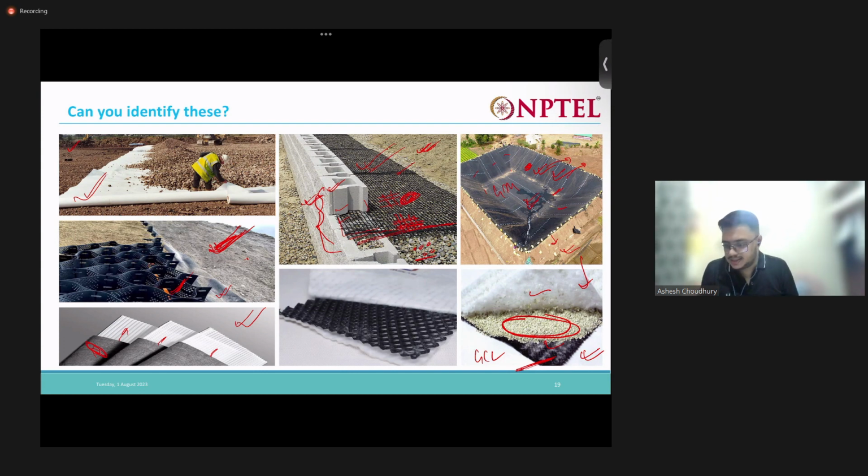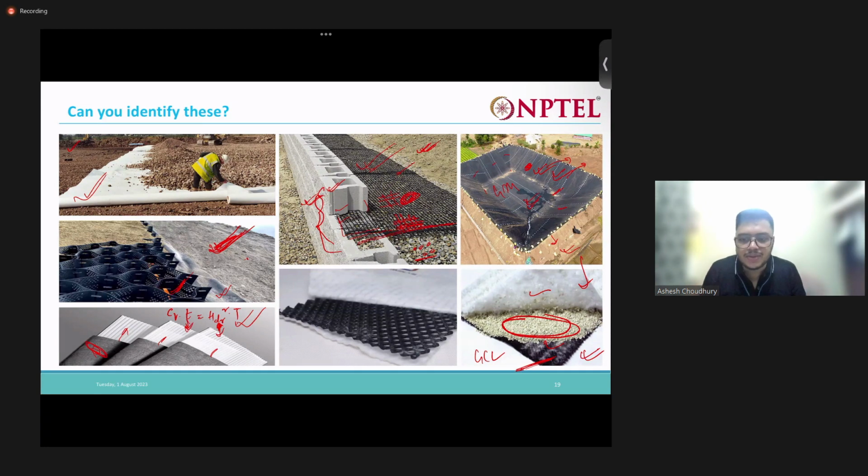We know this equation, right? Cv t is equal to H drain square into the time factor. If the drainage path is more, the time will increase. If the drainage path reduces, the time will also reduce, right?